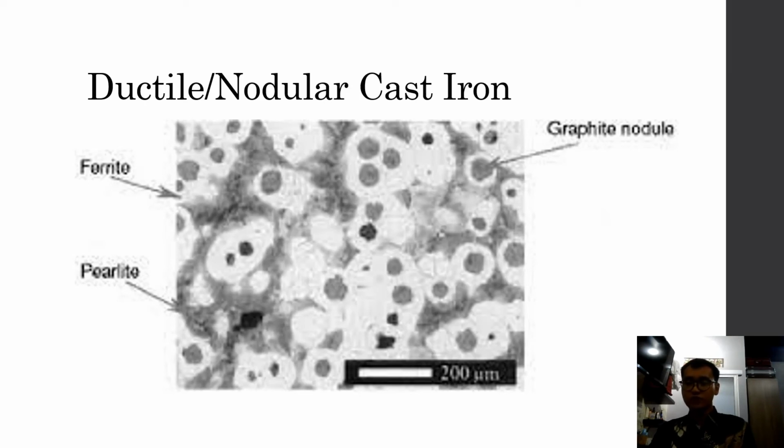Unlike the graphite in flake form, the spherical graphite structure doesn't produce severe stress concentrations. Thus, nodular cast iron has much greater ductility and higher tensile strength than gray cast iron. The graphite nodules also serve to lubricate cutting tools and thus provide high machinability to nodular cast iron.